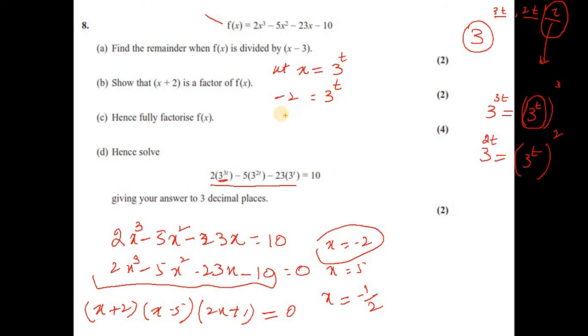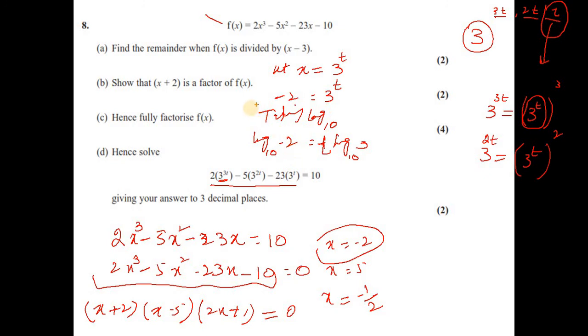So taking log of any base, so log 10. So log of base 10 of minus 2 is equal to t log of base 10 of 3. I applied the log rule because I brought t down.